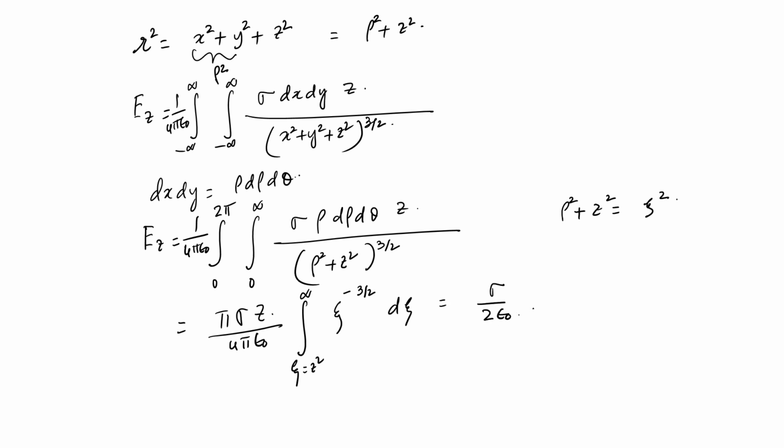This is an interesting result, because if it is an infinite sheet, whether you take it at a distance h or at a distance 2h, or anywhere you take this point where you want to calculate the field, it is always a constant and has a value which is sigma divided by 2 epsilon 0.